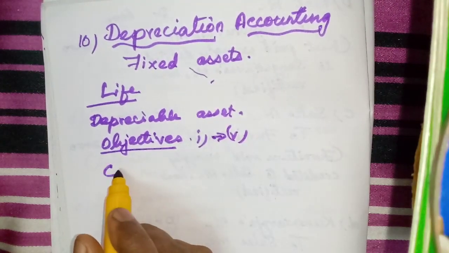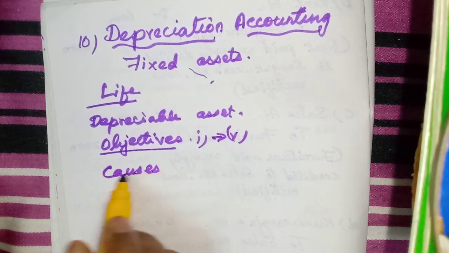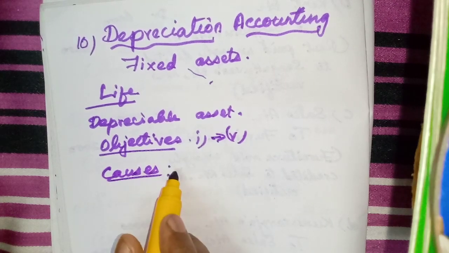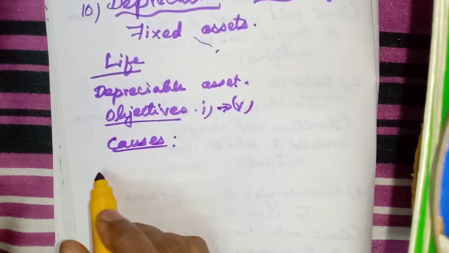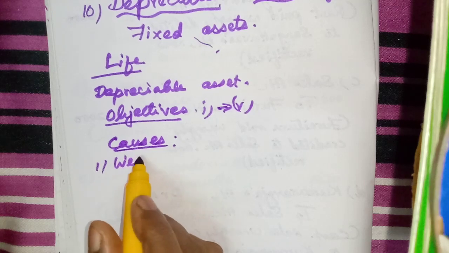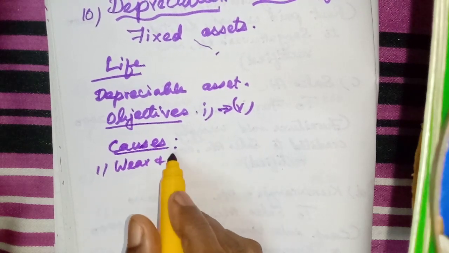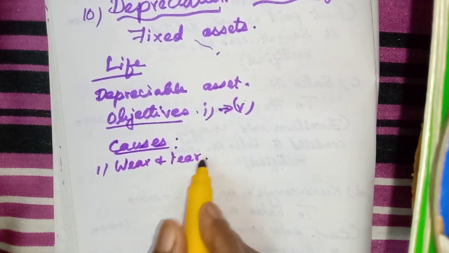Then causes of depreciation. So why do the assets get depreciated? First one, wear and tear. That means nothing but the use.